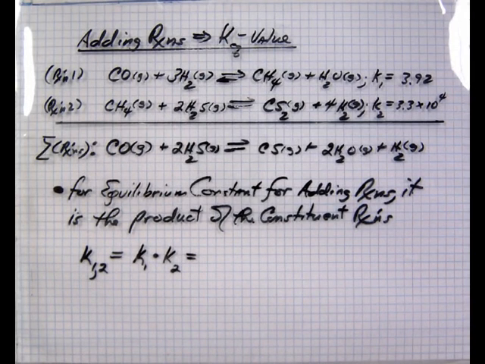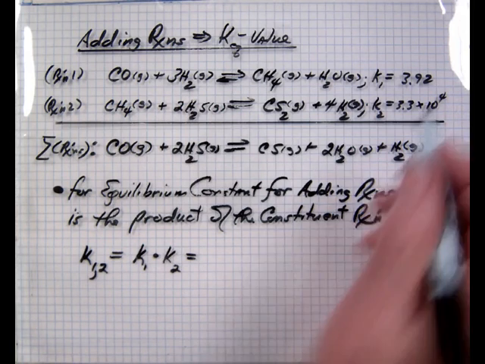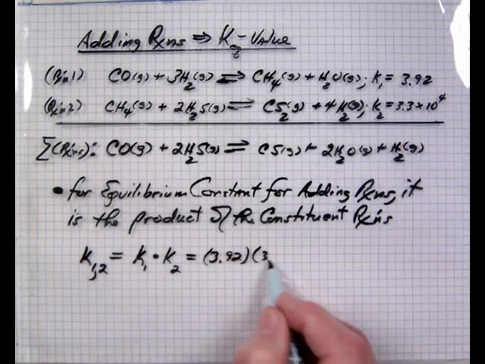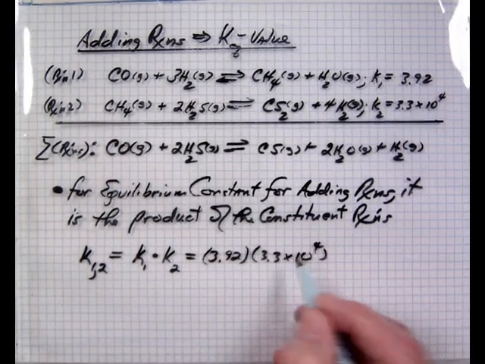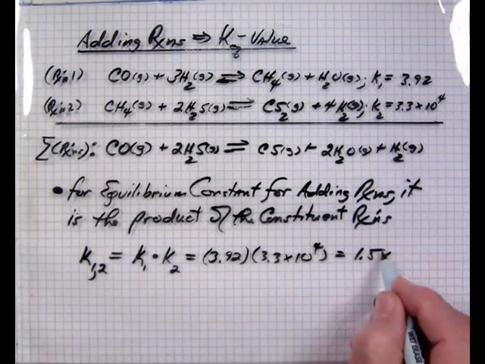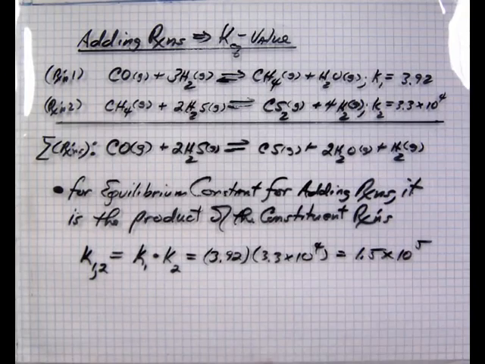And we'll hit this again when we get over in solubility product equilibrium and we start talking about what we call complex ion equilibrium. And you will have to add 2 reactions together and multiply the solubility constant values. But here we have 3.92 times 3.3 times 10 to the 4th. The outcome of this is 1.5 times 10 to the 5th.